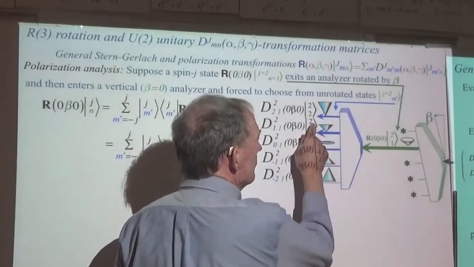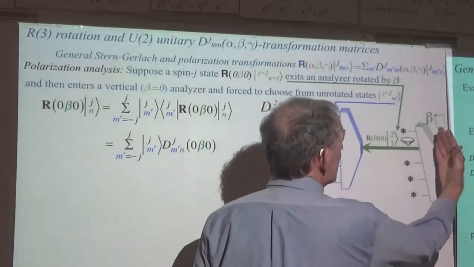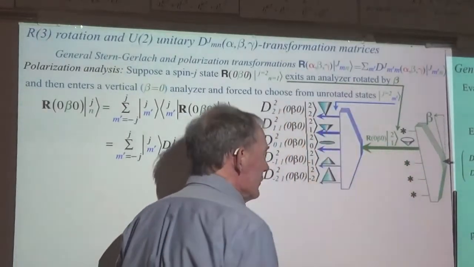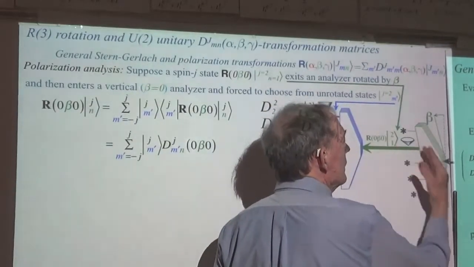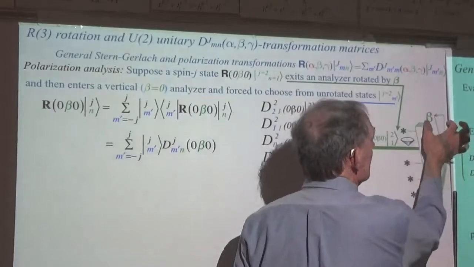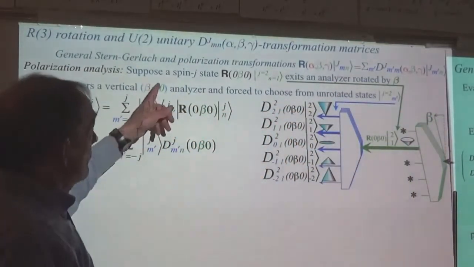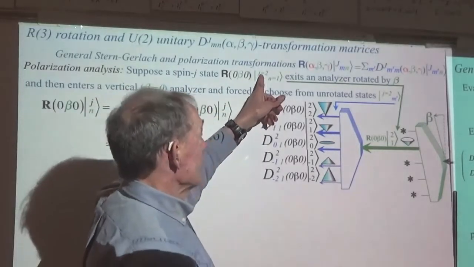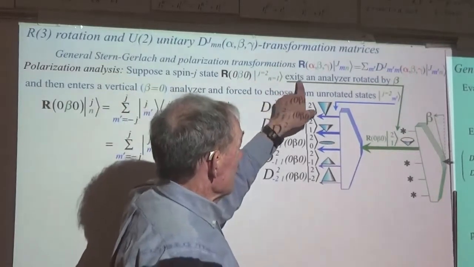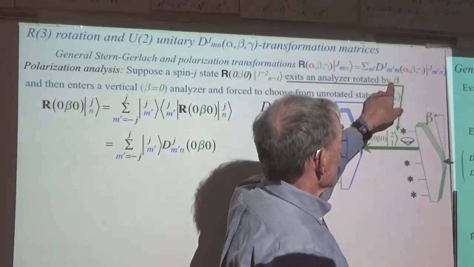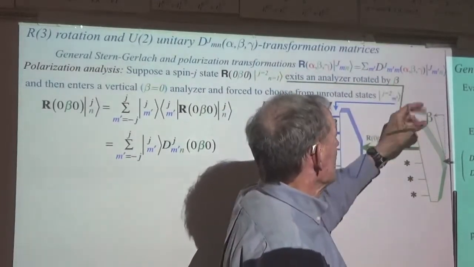This particular one is being acted on by the rotation operator, or the filter here has put out a state that is oriented with angular momentum 1 on this tipped axis, tipped by, say, 15 degrees or so. That's what it looks like. So suppose a spin J state, in this case J equals 2, and M equals 1, has been rotated, and it exits an analyzer. That's what this thing right here means: something that has a rotation beta.